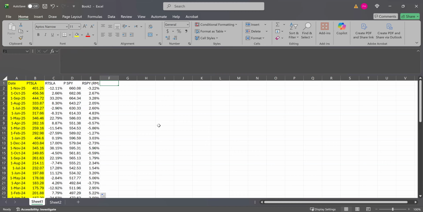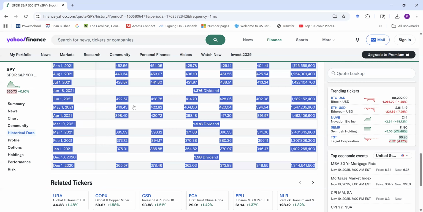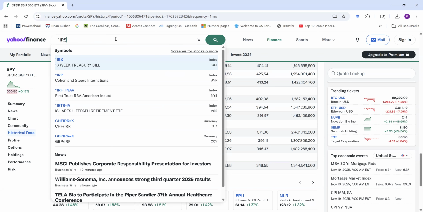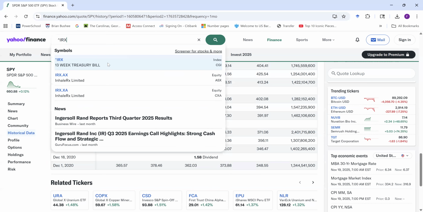What you need to do next is the risk-free rate. For the project, let me show you here what you're going to get. So if you go back to Yahoo Finance, and here you put the IRX, you can see 13-week treasury bill.